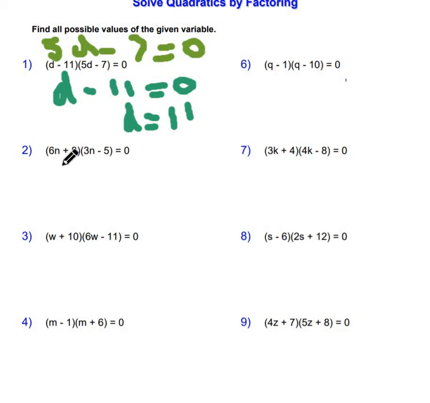As I mentioned, anything that multiplied by 0 could be 0, which means this one could be 0 or this one could be 0. So I'll write down two equations just like what I did in question 1. That means 6n plus 8 could be equal to 0.